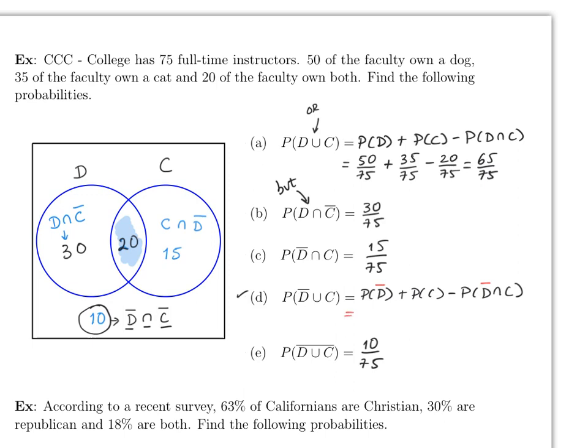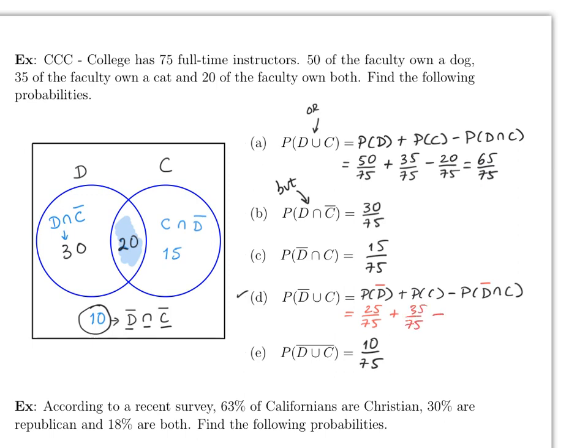Now, this one is asking you how many people do not have a dog. These people do not have a dog, and this one do not have a dog. So this will be 25 over 75. Part C says how many people have a cat. Well, all of the people have a cat, which is 35.